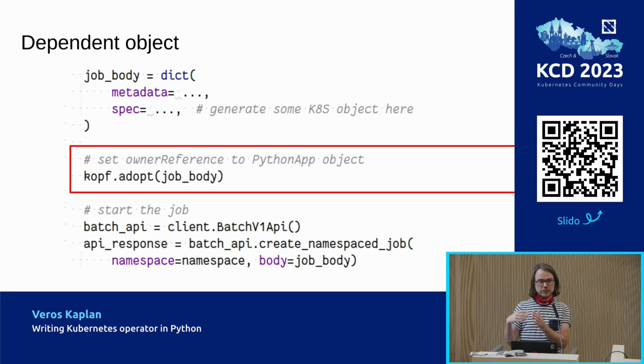In Kubernetes, we can use owner references. Owner references are bindings between Kubernetes objects. I would like Kubernetes to delete the Kubernetes job when my Python app is deleted. To achieve this, I should set the owner reference.